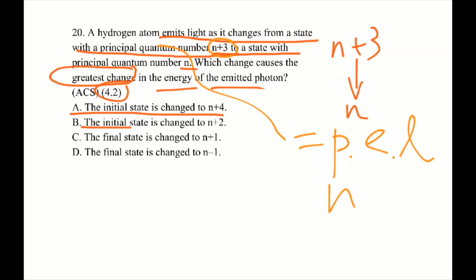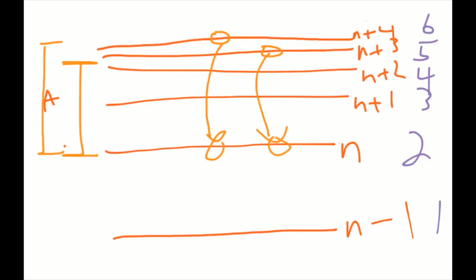The initial state is changed to n plus 2. So now we have the initial state at n plus 2 hopping to n, and the energy change associated with that is this much, and that's the amount of energy in the photon that got released. Notice how it's a little bit lower than our original, and this will be labeled as B.